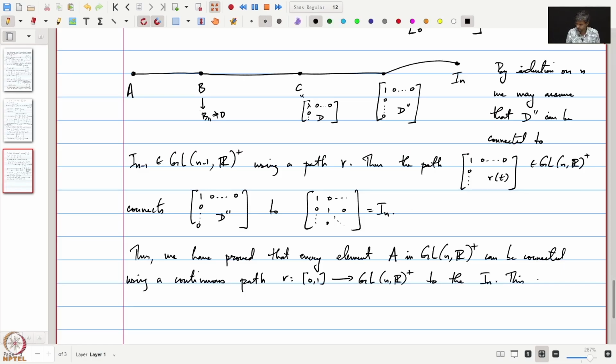So this proves that GL n R plus is connected, is path connected, and in fact connected, because we know that path connected spaces are connected. So we will end this lecture here.